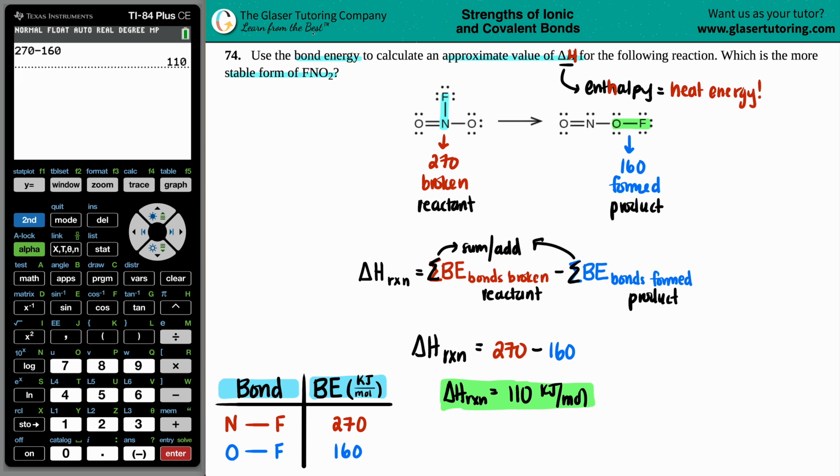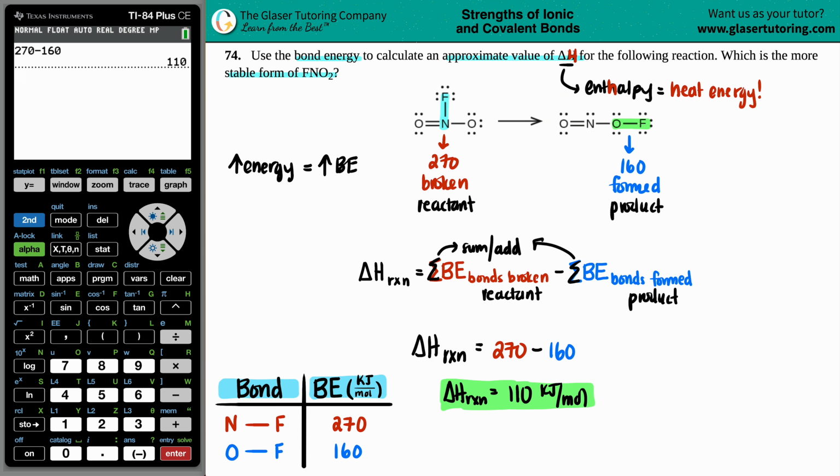Now just know that if you have a high bond energy, a high amount of kilojoules that is required to break this bond, that means that you're pretty strong. The higher the amount of energy that is required, basically just means the higher bond energy, it's harder to do.